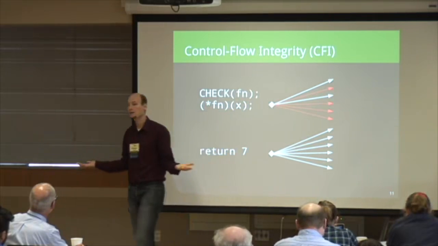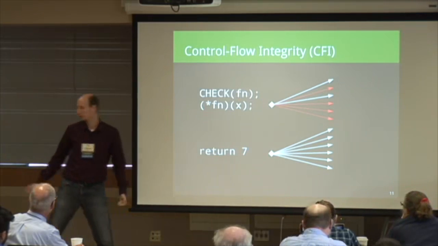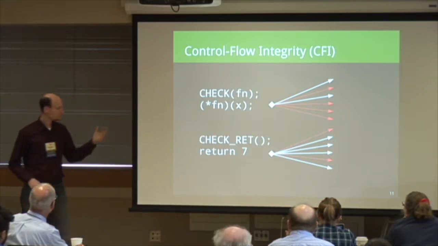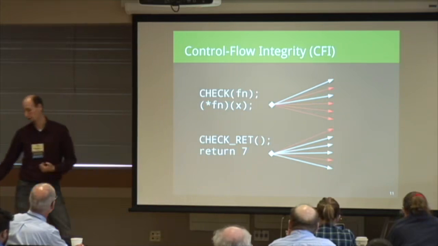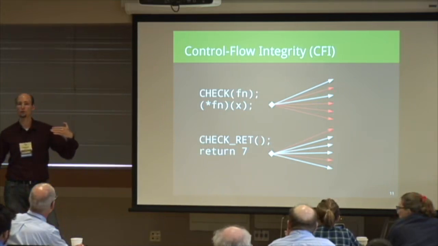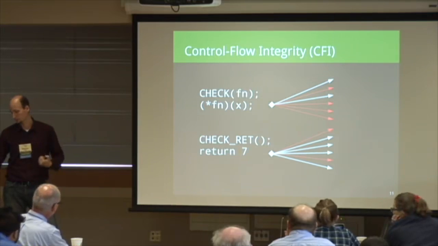If it is not in the set of valid targets, we will stop the execution of the program. And we'll do the same for the return instruction and limit it to a benign caller. So you are only allowed to return to a benign caller of this function.